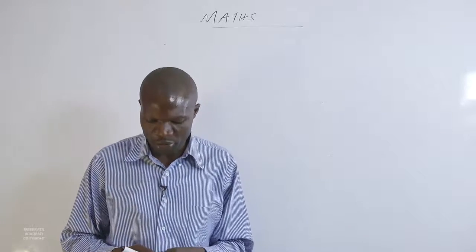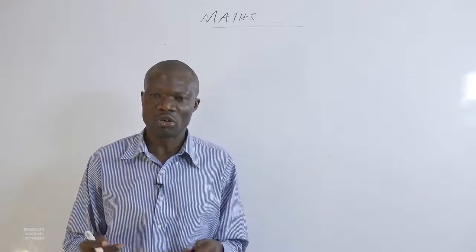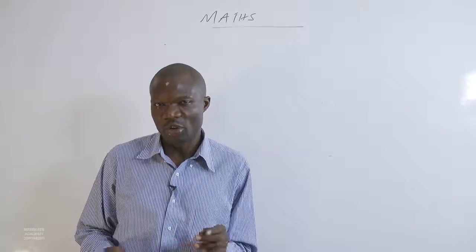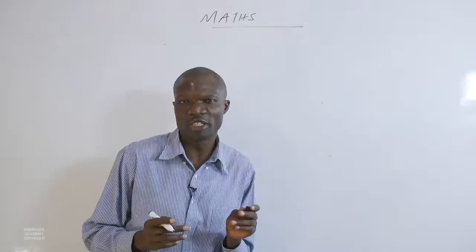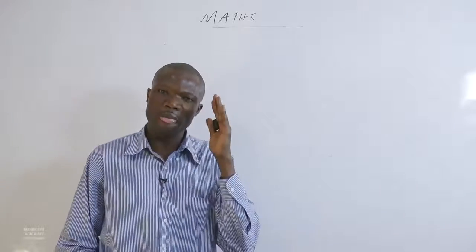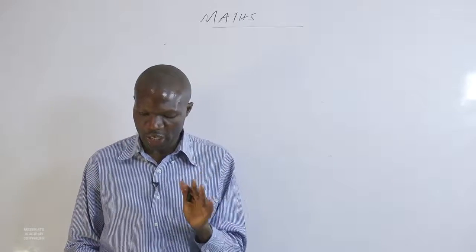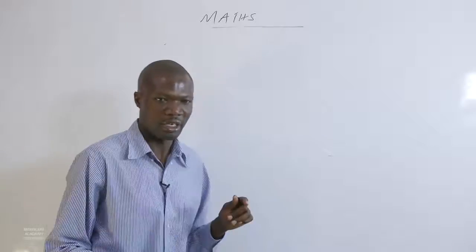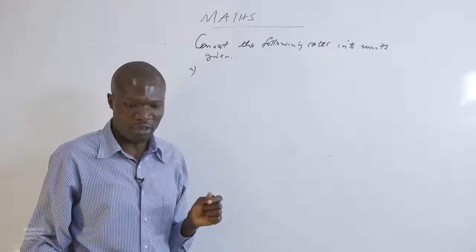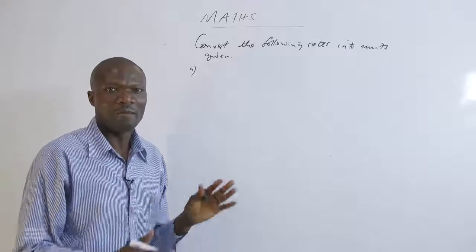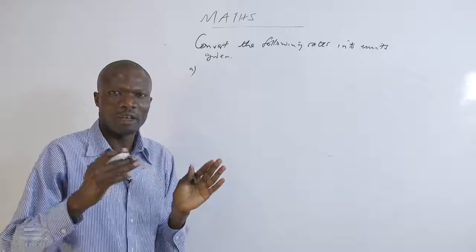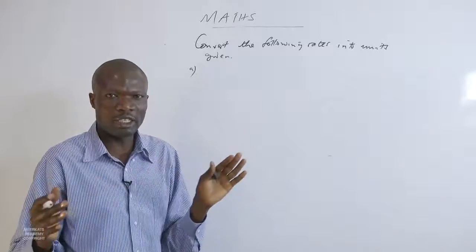How do we approach such a question? Convert the following rates into units given in brackets. And the first unit that we have, I'll want to handle each question at a time as we go through various different rates.